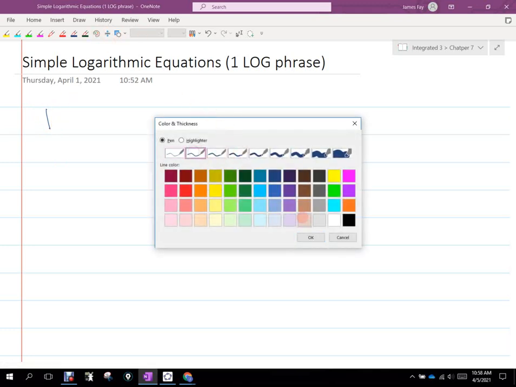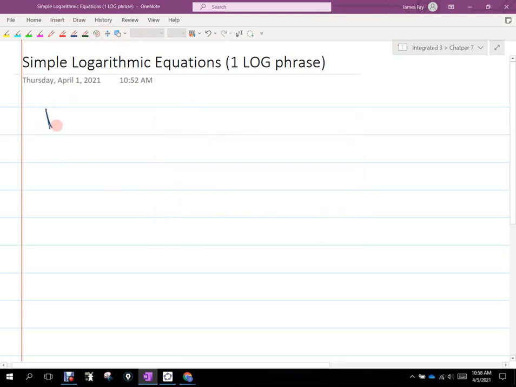If I go log base 3 of x equals 4. Okay? Now, when I give you a logarithmic equation, the variable is in that part of the log.